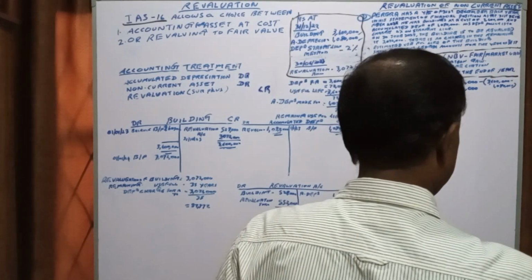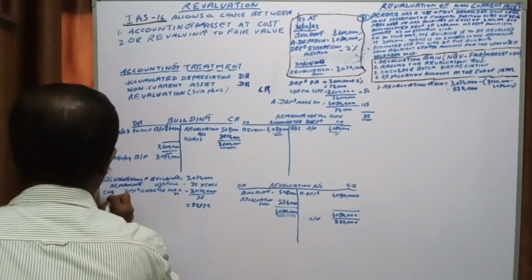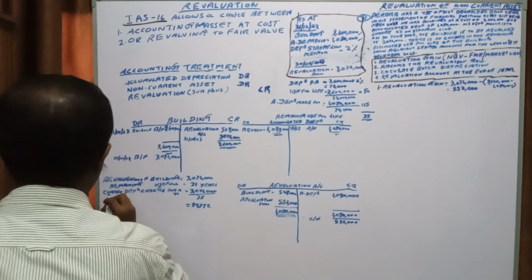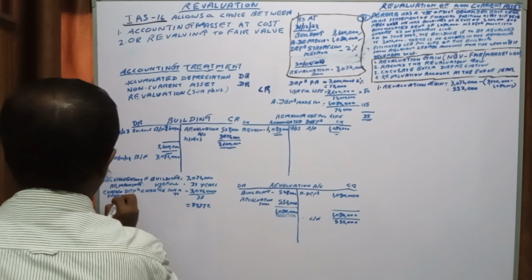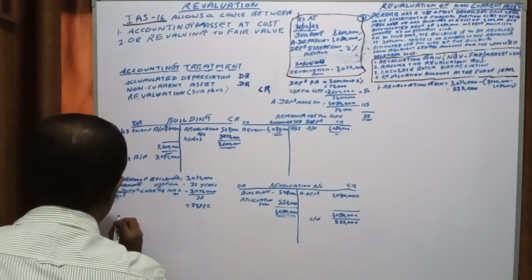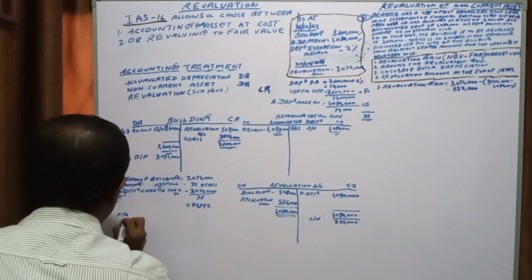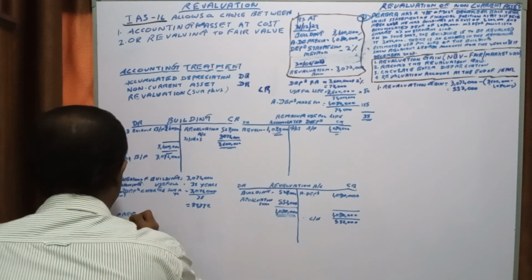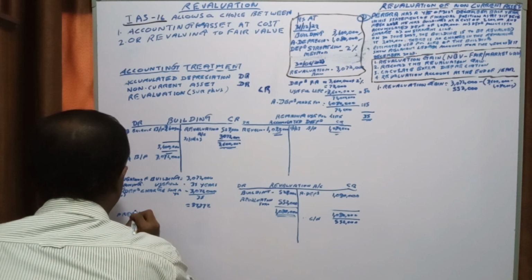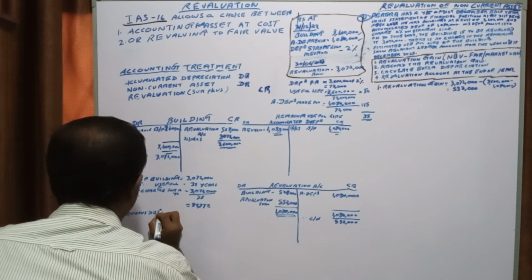This will be the current and future depreciation charge for the year, less previous depreciation for the year.